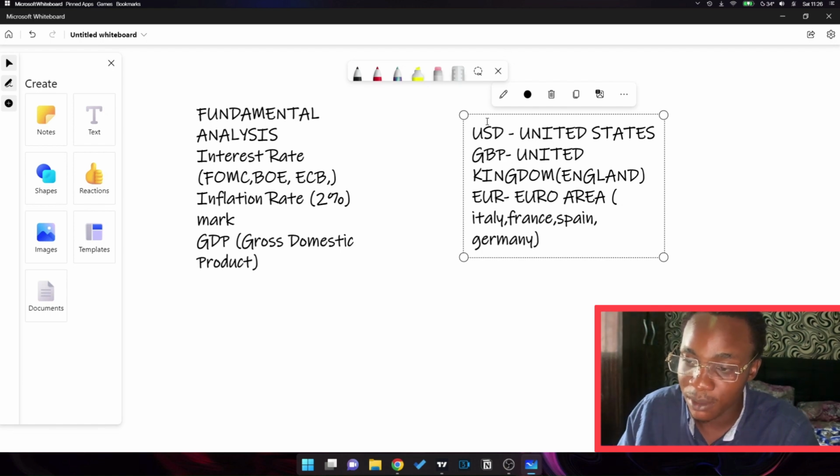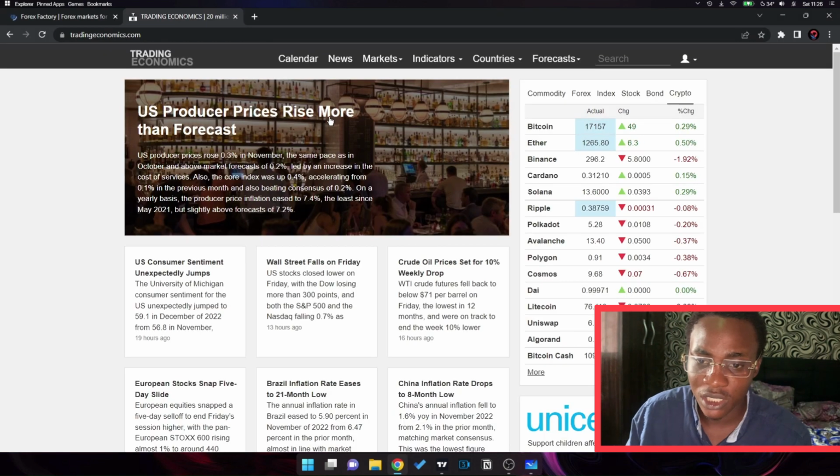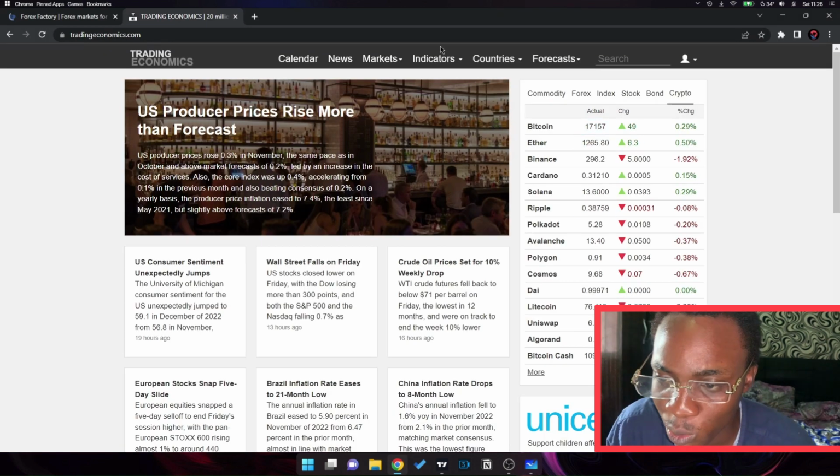These are the currencies we are going to be talking about and how we can judge them against their counterparts.